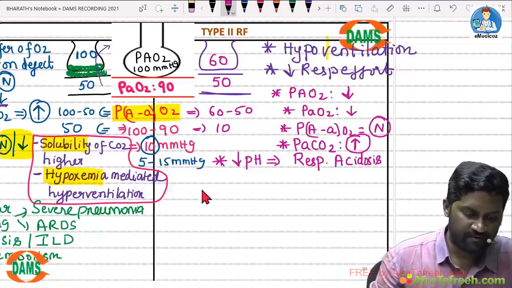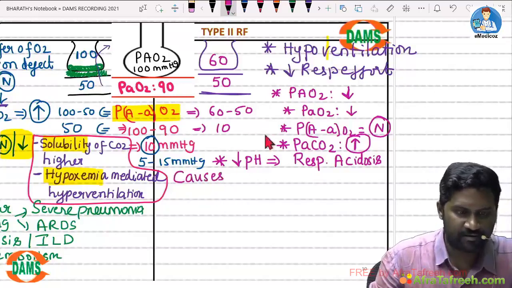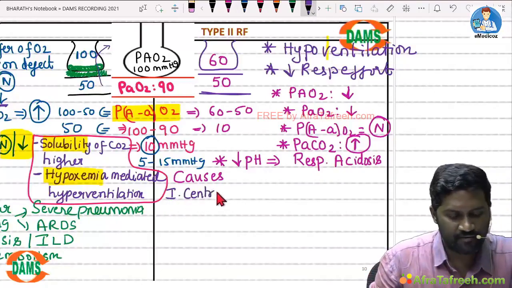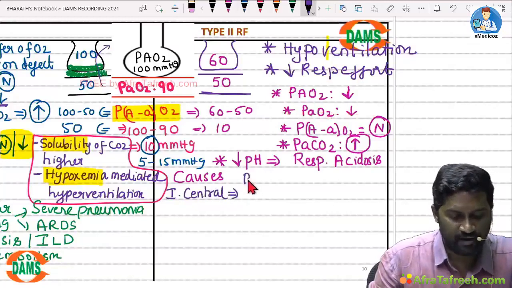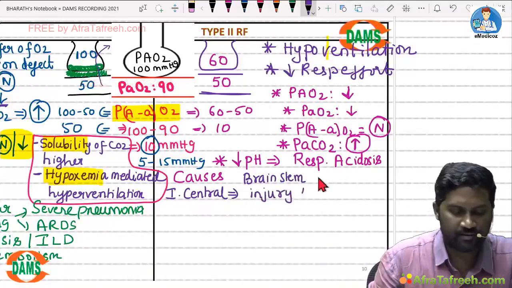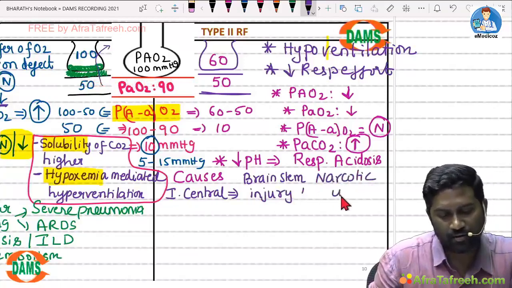Coming to causes. What are the causes of type 2 respiratory failure? The first group, it can be a central cause, things happening at the level of the brain. It can be due to a brain stem injury. It can be due to narcotic use.